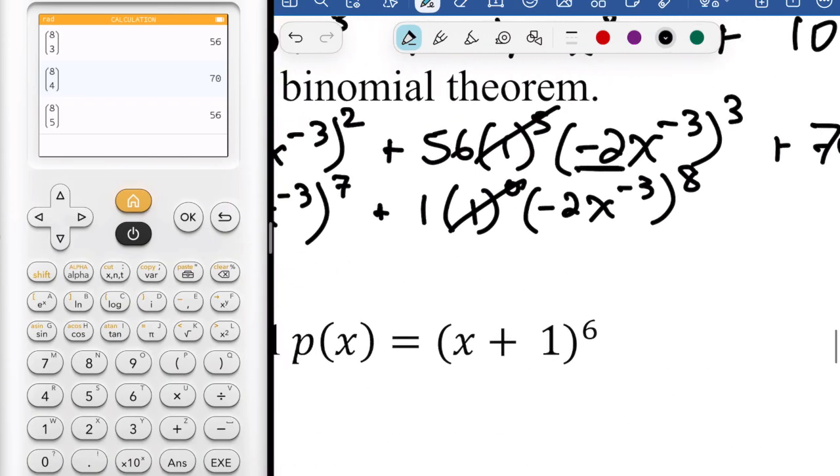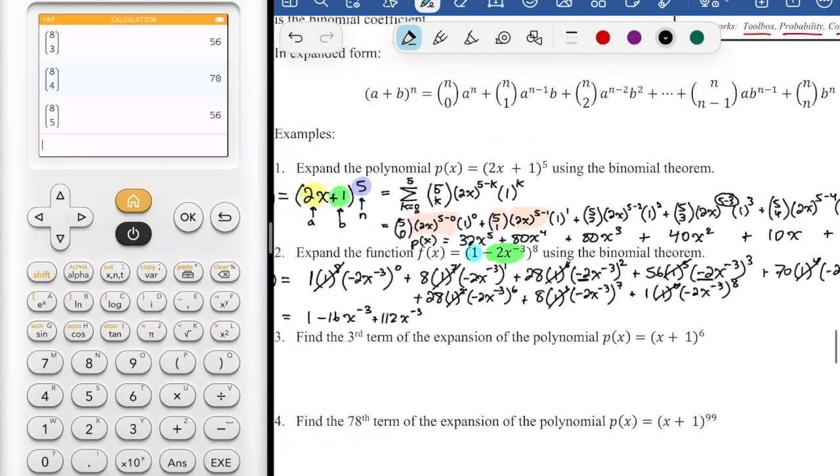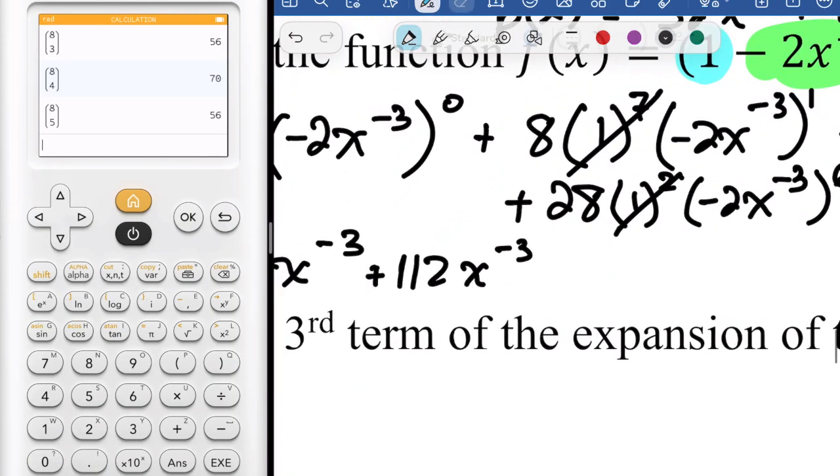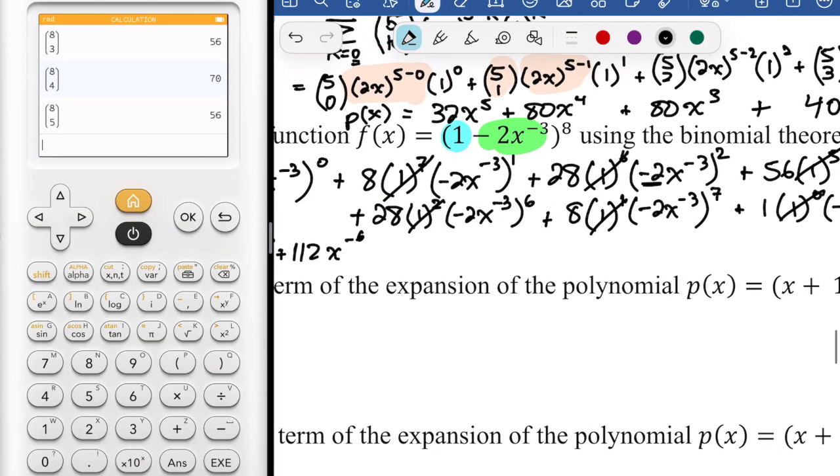If I raise negative 2, sorry, that's negative 6 power, because we also have to multiply the exponents. So these get multiplied also. We raise the negative 2 to the second, but then also the x to the negative third needs to be raised to the second, which becomes x to the negative sixth.